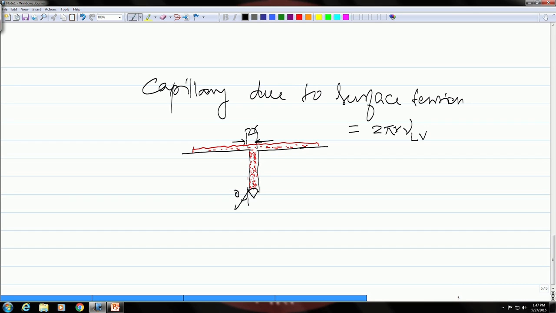And this will be the contact angle. So, this is the capillary which is drawing the liquid inside.